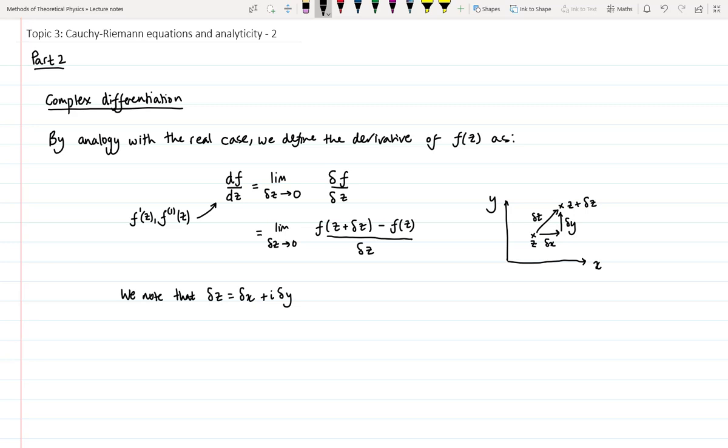Now, unlike in the real case, where we had delta x tending to 0 either from the right or the left on the real number line, in this case delta z can go to 0 in infinitely many ways, because within the complex plane there are an infinite number of ways to approach that single point z. So I'll write that down.